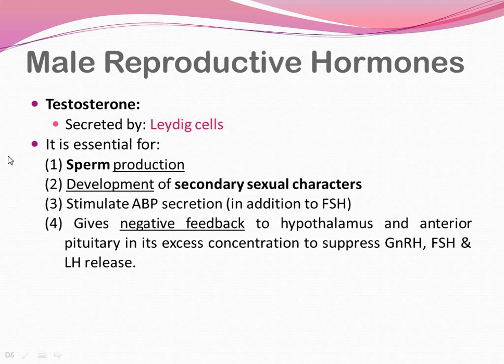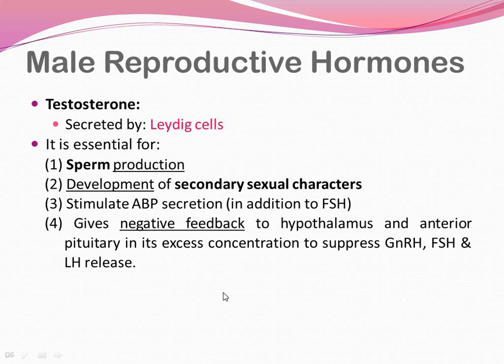Finally, wherever testosterone is released in excessive quantity, it will act as an auto-inhibitory mechanism. It gives a negative feedback, so there will be suppression of gonadotropin releasing hormone from the hypothalamus, and further suppression of FSH as well as LH or ICSH, both, from the anterior pituitary gland. So it gives a negative feedback to both the hypothalamus and anterior pituitary.